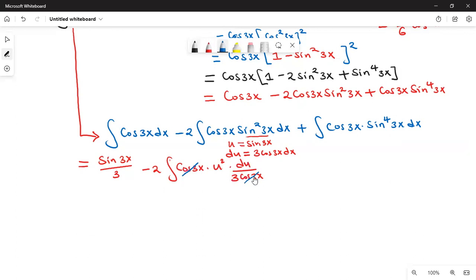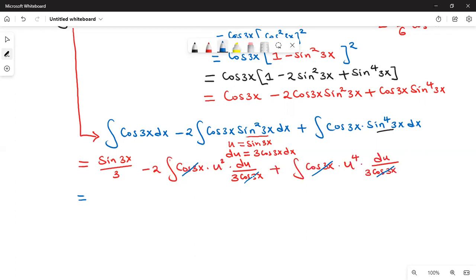What about this other one? Here we now let u be sine 3x the same, so that we make the same substitution even here. So in this case, we expect to get plus the integral of cosine 3x times u raised to 4. Instead of dx, that is du over 3 cos 3x. Again here, cos 3x will cancel with cos 3x. So what do we have now?